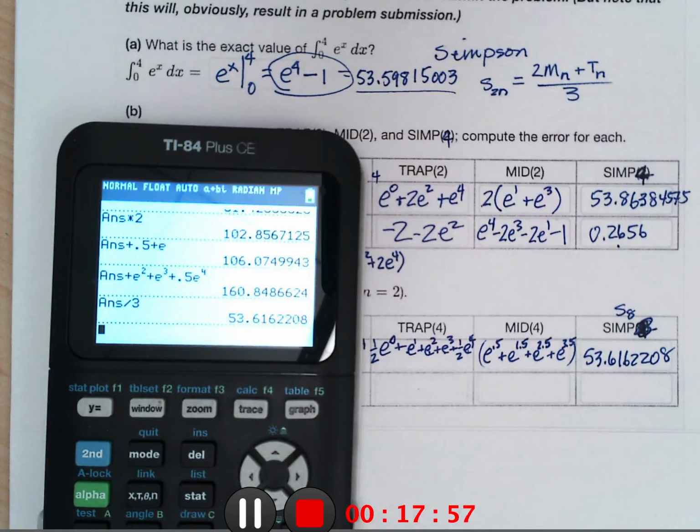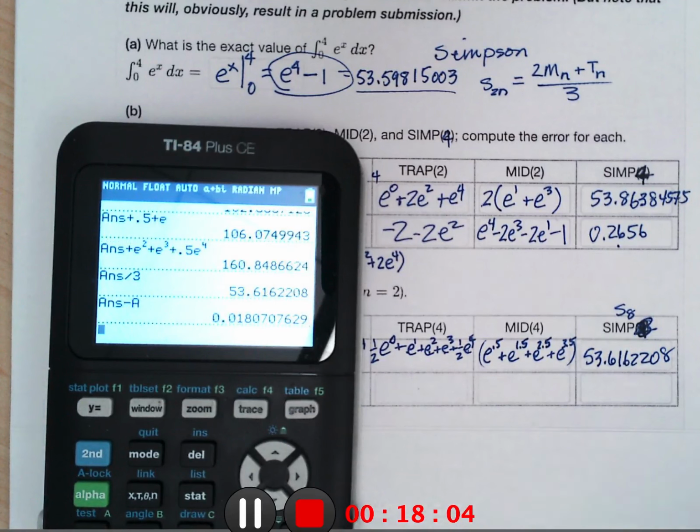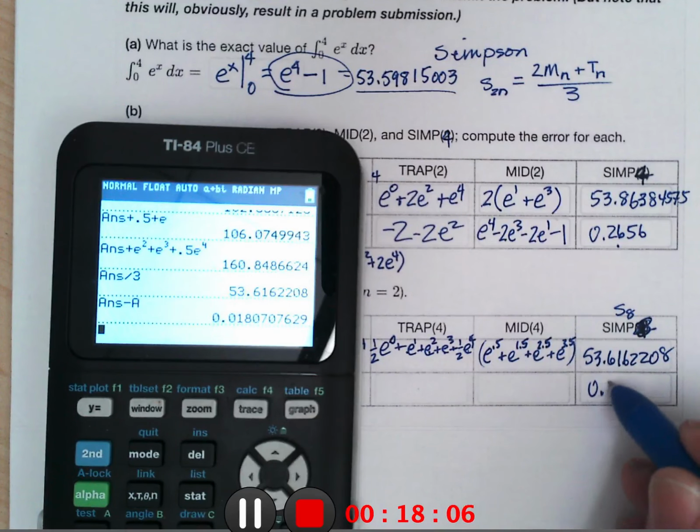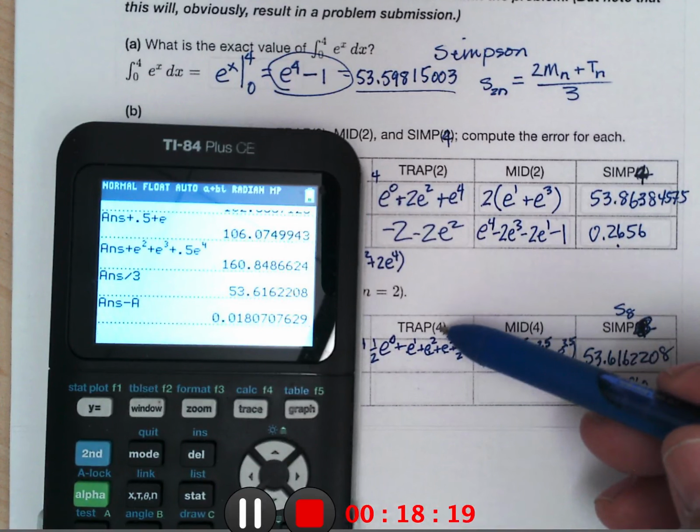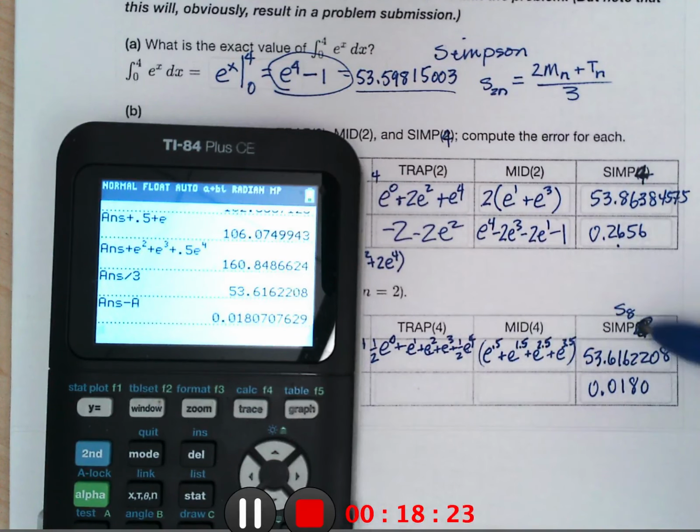So I'm just going to go minus alpha A, because I still have it in A. And now my error is only 0.0180, quite a bit less, 1/20th of the error that I had before. So if we did about trapezoid 8 and did Simpson 16, we'd have very little error. Okay, that's the idea of the Simpson rule.